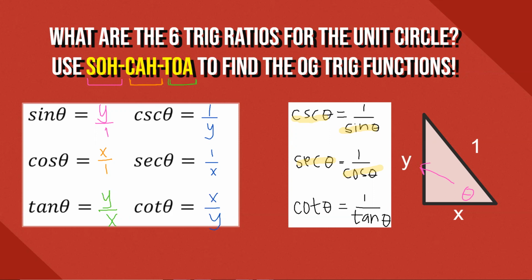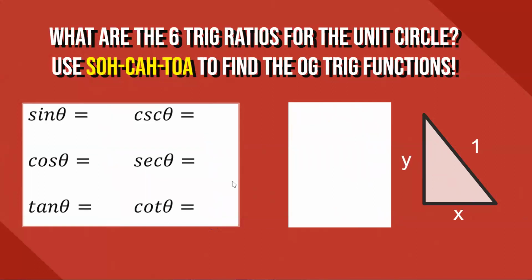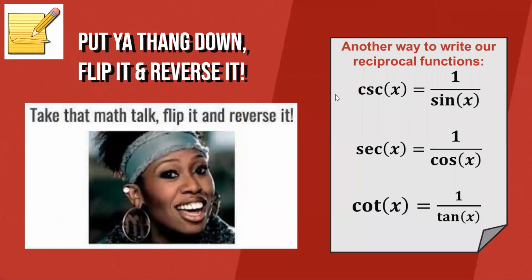Because they are reciprocals, it only is fitting that we can redefine them in terms of that reciprocal value as well. Okay, so pull out your best Missy Elliott: put your thing down, flip it and reverse it. Another way to write our reciprocal functions: cosecant is 1 over sine, secant is 1 over cosine, and cotangent will be defined as 1 over tangent. Write this down, snap a pic.